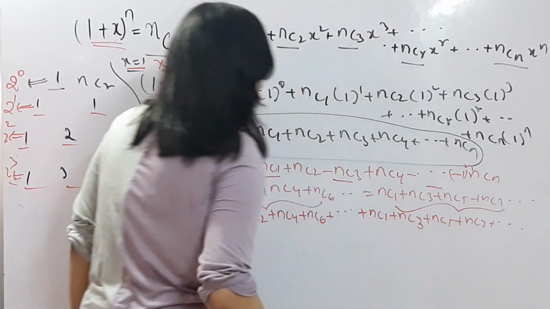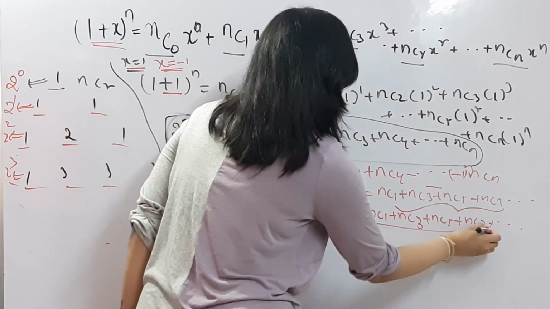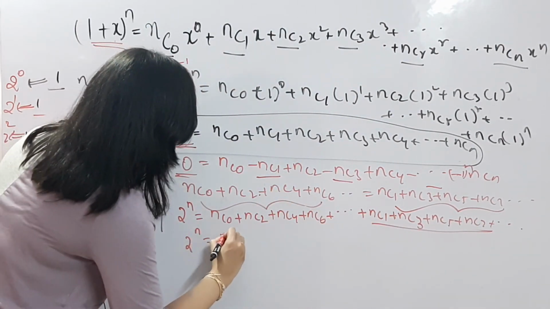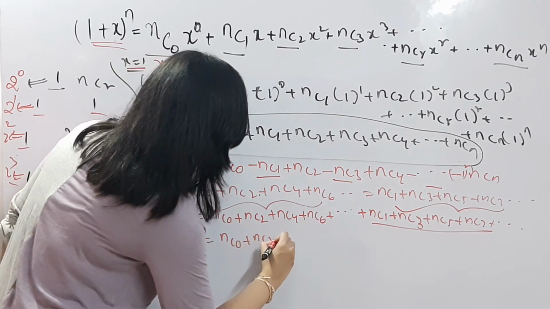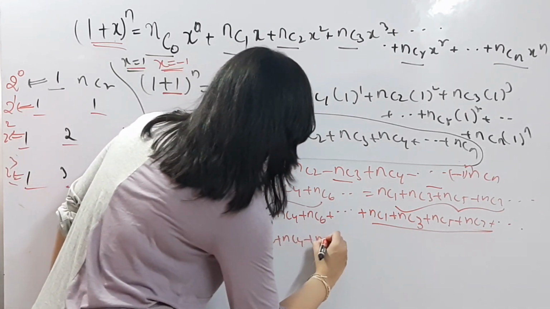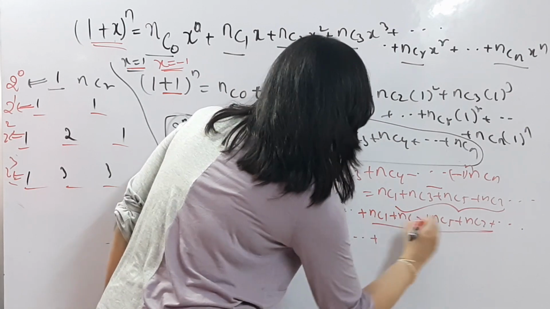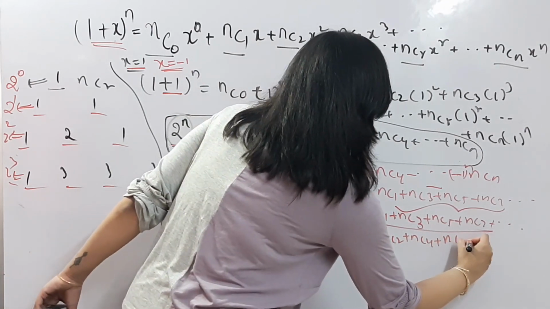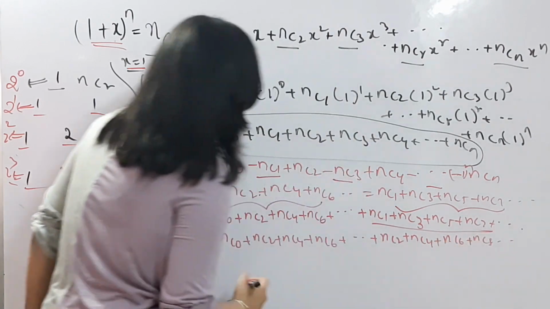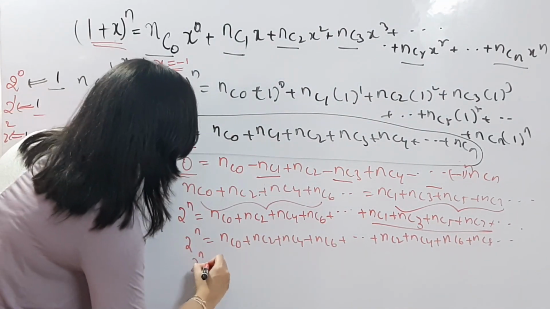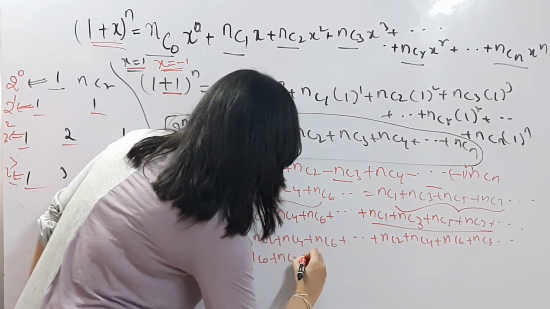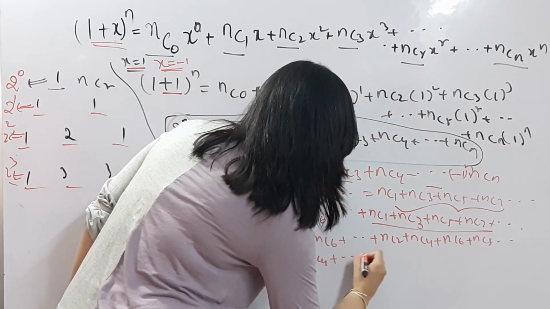And substitute this value in this, that is 2^n = (nC0 + nC2 + nC4 + nC6 and so on) + (nC1 + nC3 + nC5 and so on), and these two are equal. So if we add these two, we get 2^n = 2 into (nC0 + nC2 + nC4 and so on).